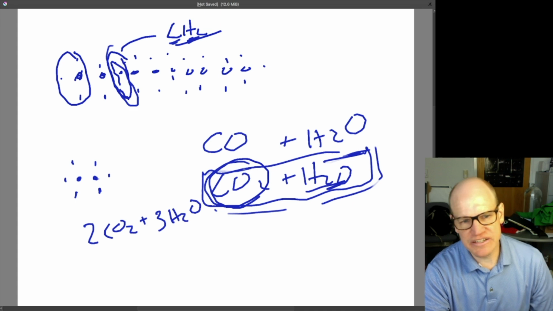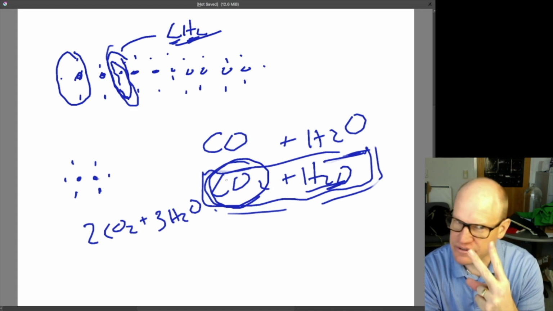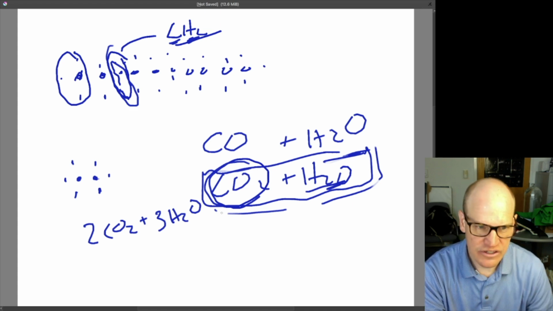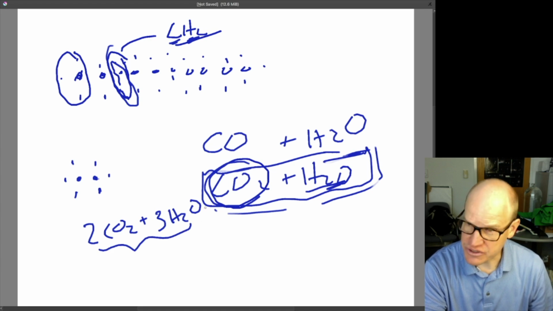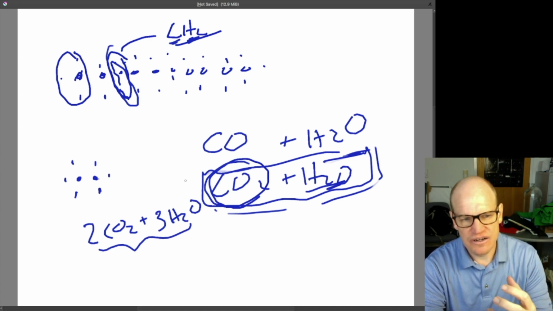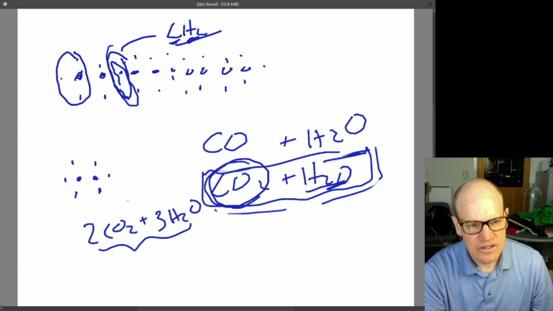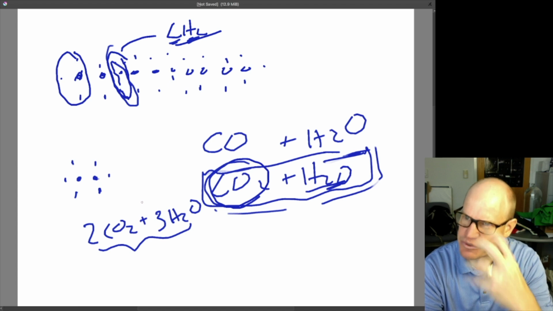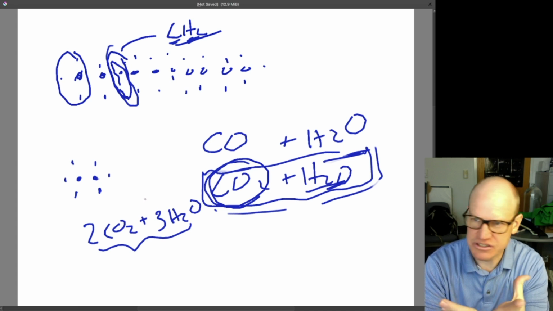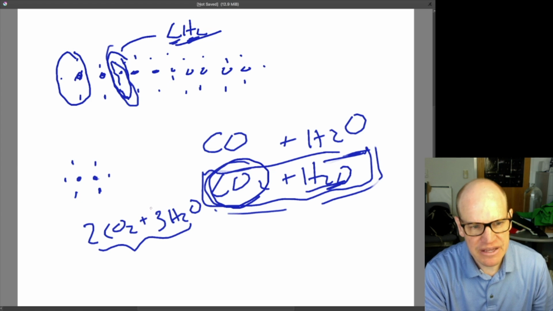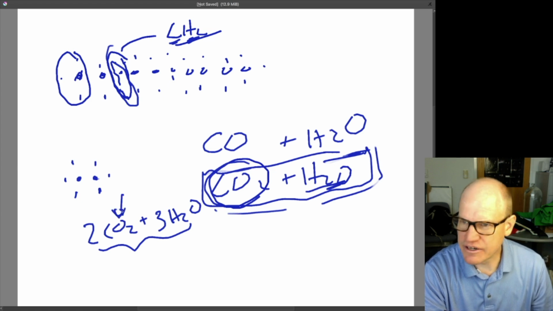So you've already taken what used to be a 1-to-1 mixture of carbon dioxide and water to a 2-to-3 mixture of it. So you've gotten roughly the same amount of energy, because carbon and hydrogen bonds hold roughly the same amount of energy in those bonds. And so when you break them and you form them again with oxygen, you release roughly the same amount of energy. However, you've reduced by roughly 50% the amount of carbon dioxide that you release.